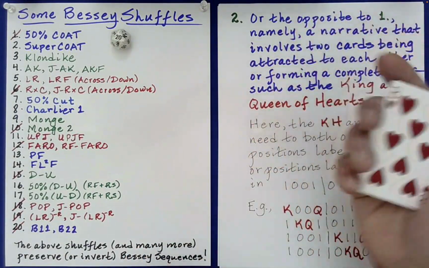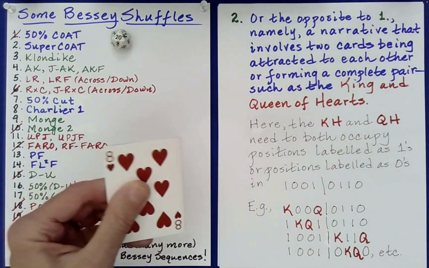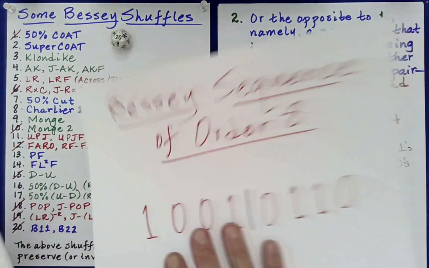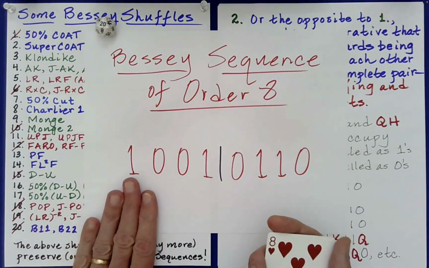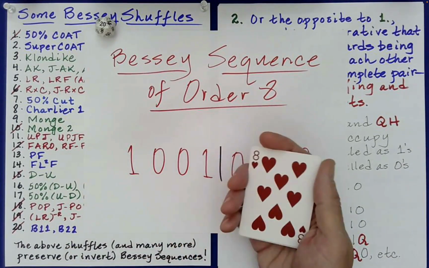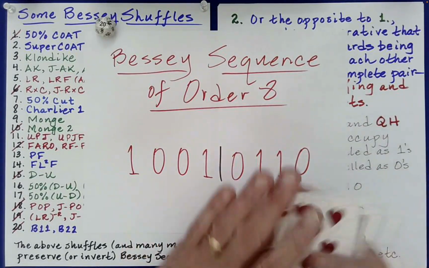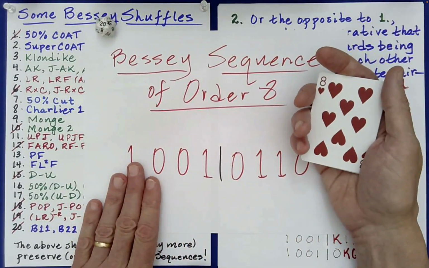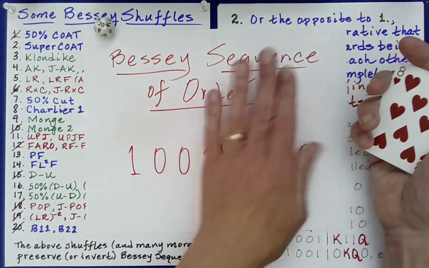And so now we just have to remember that this is a Bessey sequence of order 8. And so we like to just separate it, using its overall structure to help us. So remember, if you want to associate the top card as a 1, the next one's a 0, 0, 1, and so forth, we're going to separate the cards into a bunch of 1s, quote 1s, and a bunch of 0s.